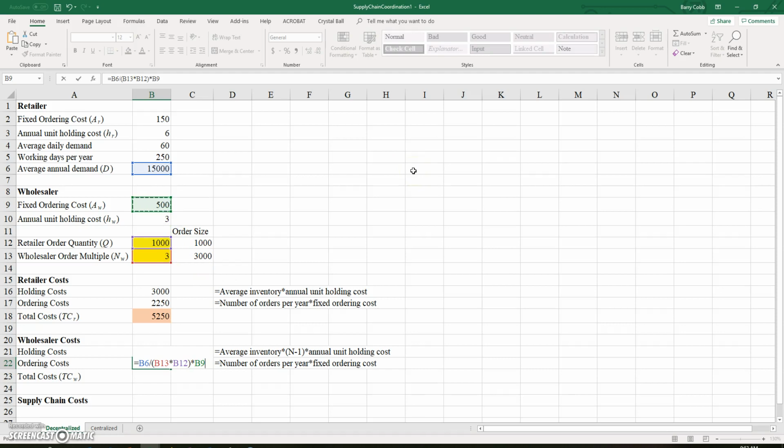And this is multiplied times the fixed ordering cost for the wholesaler. The total cost for the wholesaler is the holding cost plus the ordering cost. The supply chain costs, in this case we're modeling two levels of the supply chain, are the total cost for the retailer plus the total cost for the wholesaler.